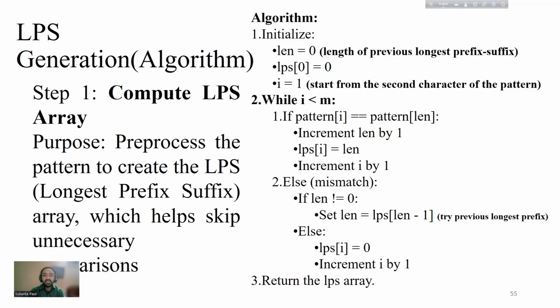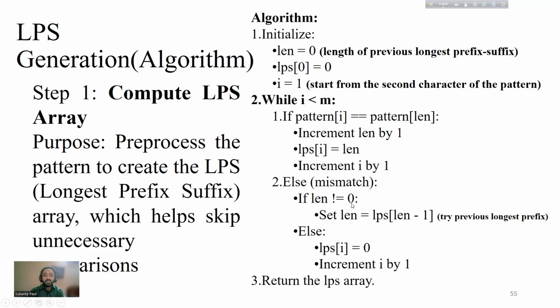So if there is a match between pattern I and pattern len, that time we will increase the value of len and save it to the LPS array. Then increment I by 1. Otherwise, if there is a mismatch occur, that time we will check the value of len. Len is the length of previous longest prefix suffix. If it is non-zero, at that time it will go to the previous longest prefix.